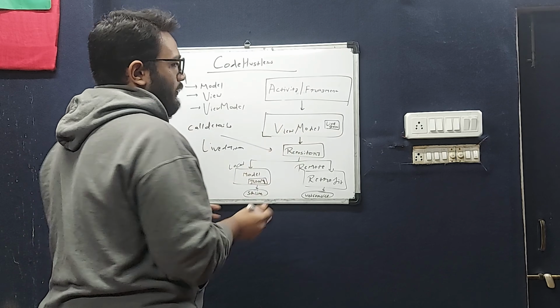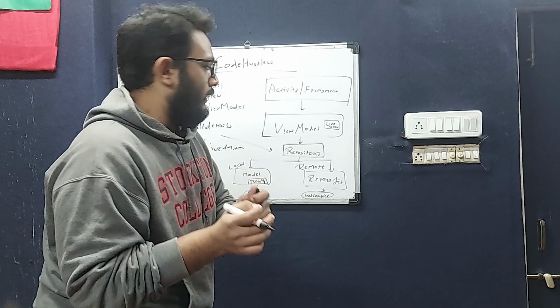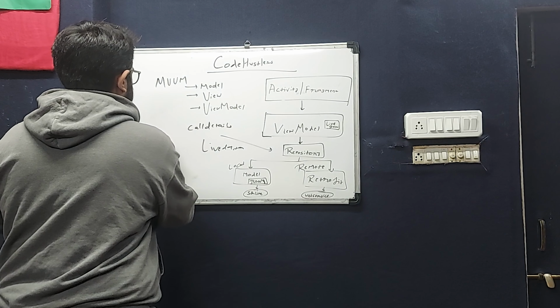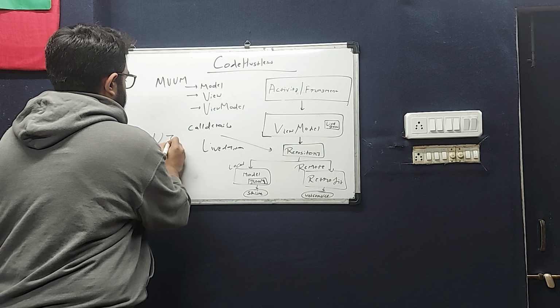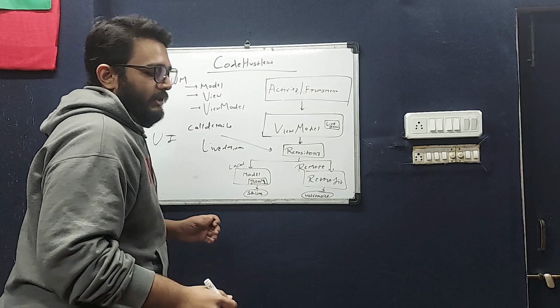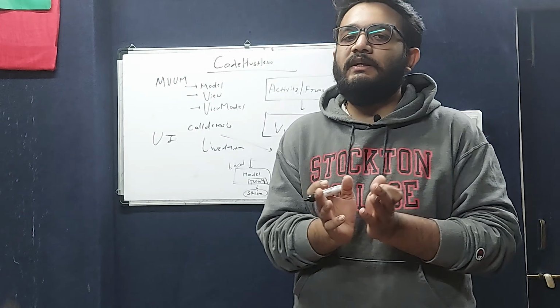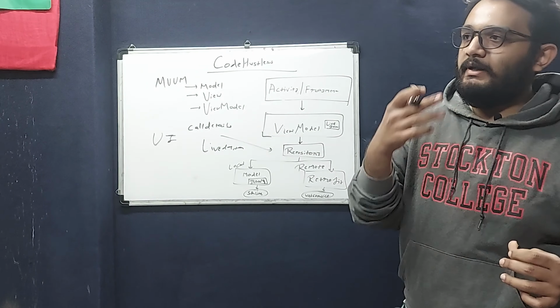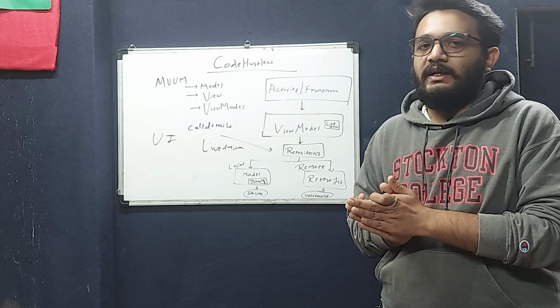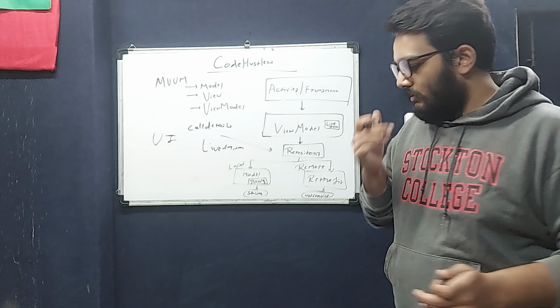We'll observe all the data that is coming through it in the UI part, in the activity or fragment. Based on these changes, we'll update that data into the views.